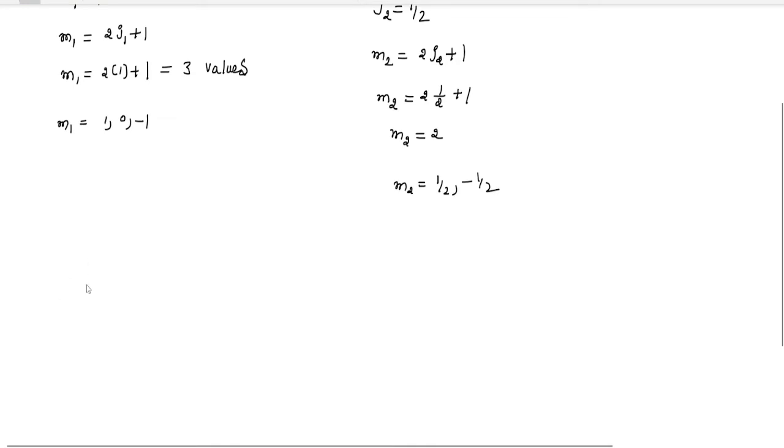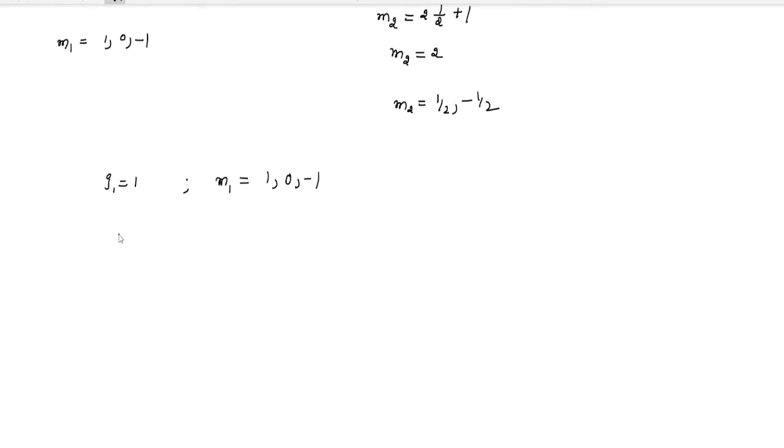So we have j1 equal to 1 and m1 equal to 1 comma 0 comma minus 1.